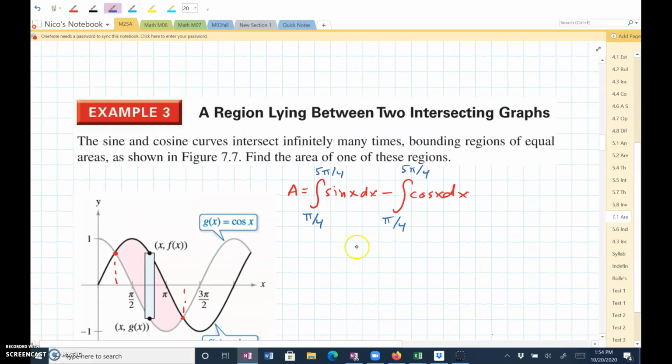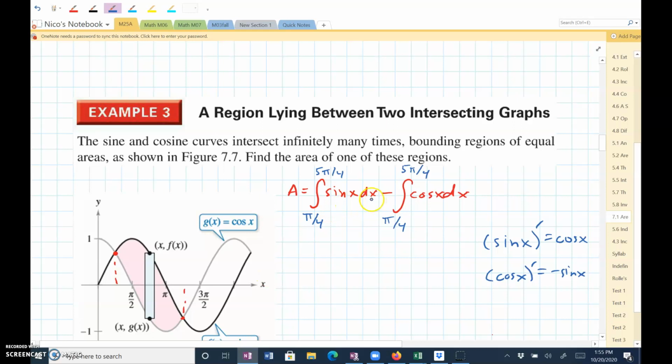Let's see here. We know that the derivative of sine is cosine, and the derivative of cosine of x is negative sine of x.